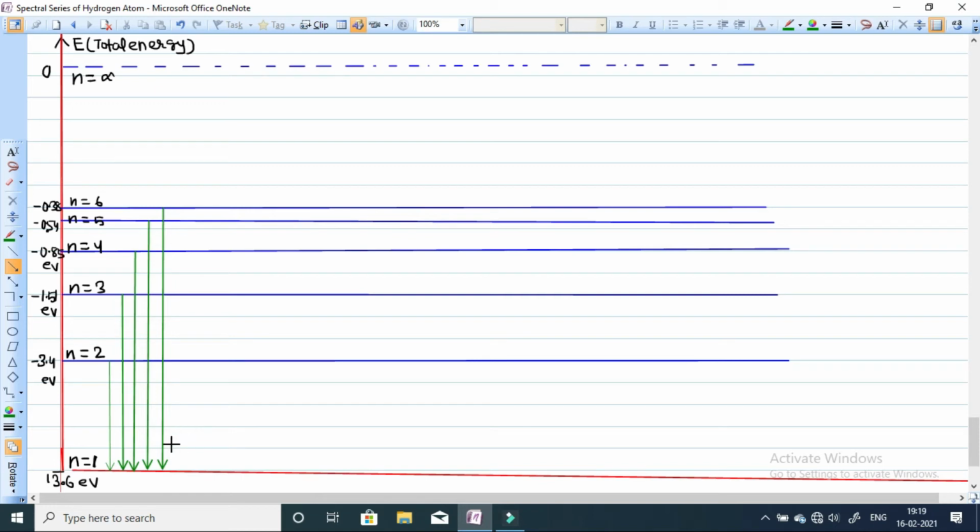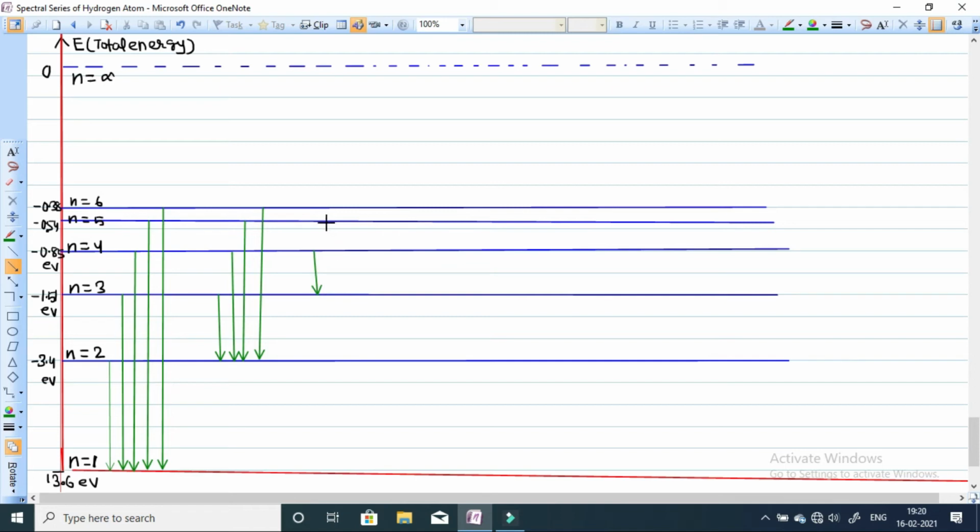The next series is the Balmer series. Now suppose an electron is making a transition from n is equal to 3 to n is equal to 2, n is equal to 4, and similarly you can take n is equal to infinity also, no problem. N is equal to 4 to n is equal to 3. In this way the electron can make a transition.